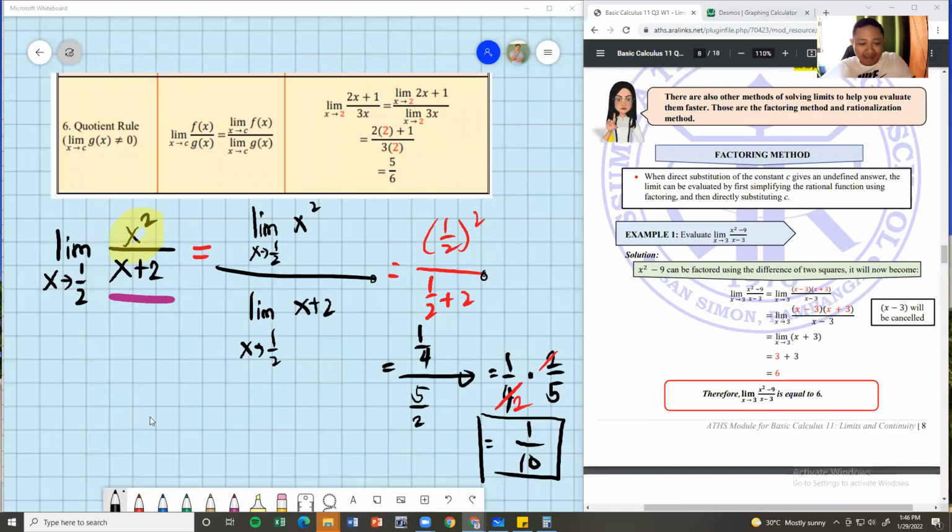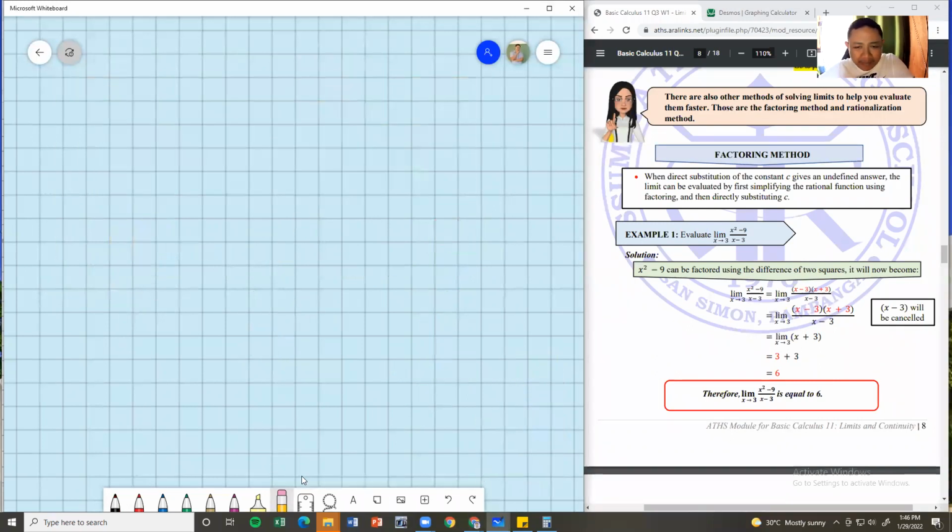Isi-simplify mo lang. Okay, let's take this as an example. Can you recall our given a while ago? Parang ito yata yung given natin. Plus lang yung nasa ilalim. Okay, let's do this.